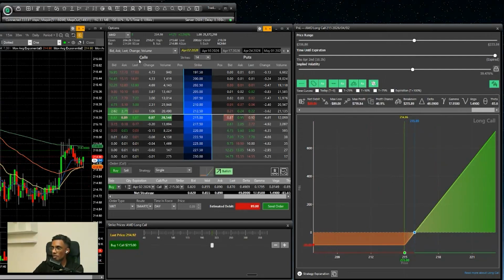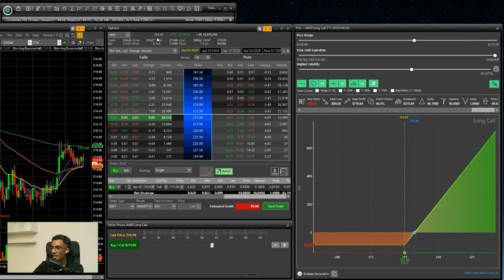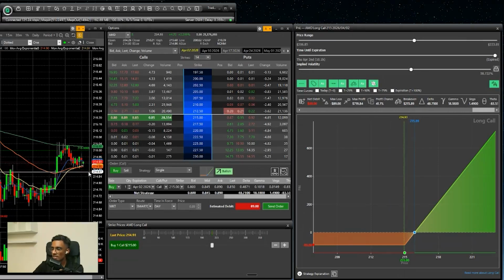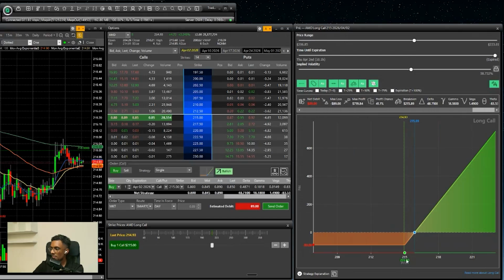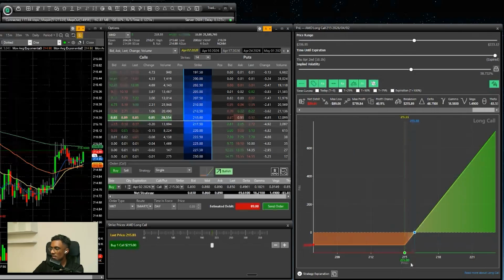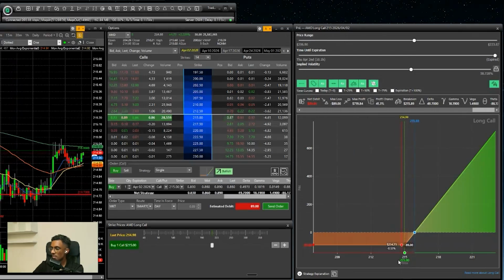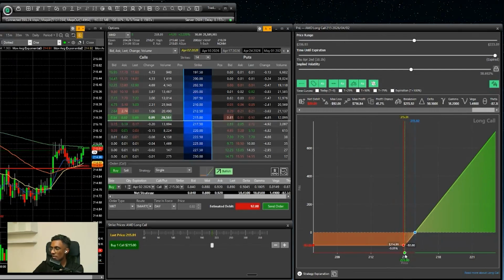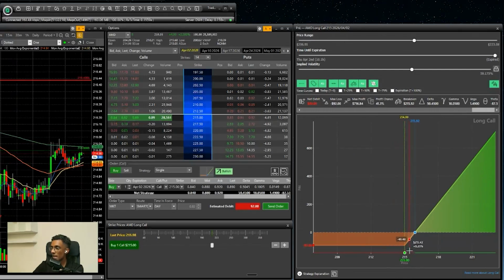Okay, so if you look at the price of AMD on a chart, you can see it's currently sitting at around 214.90. Okay, so 214.90, that's that right there. Right here you see I have the 215 strike. It's in green, a little green circle, because we are buying the call.